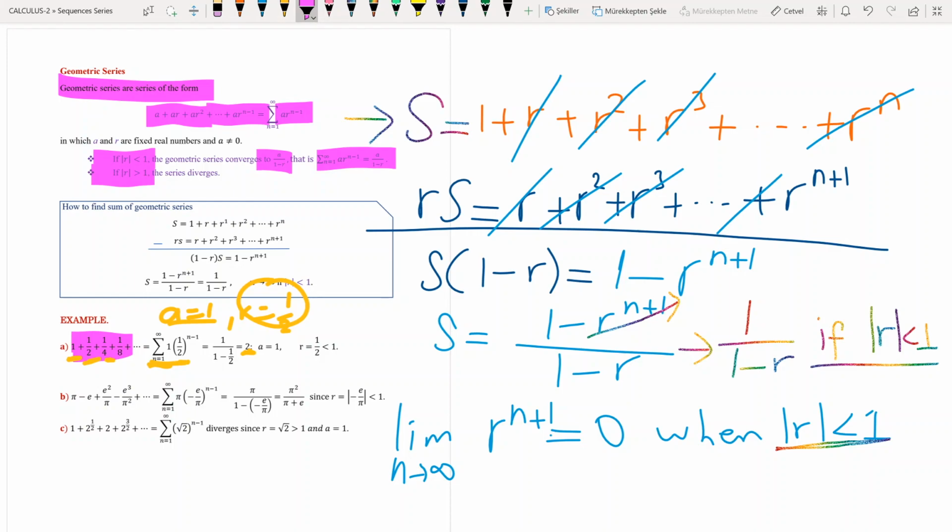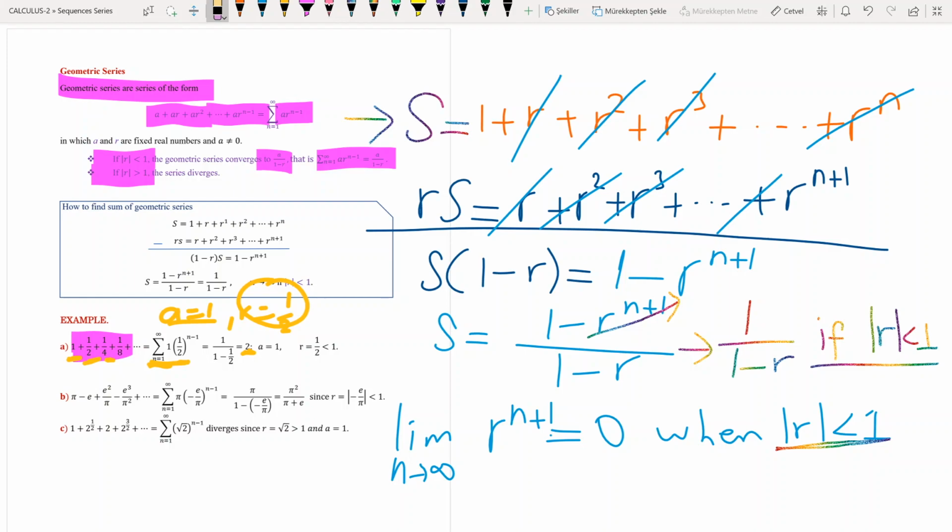Let's look at the second example. Pi minus e plus e squared over pi minus e cubed over pi squared, and so on. Again, we will express this infinite sum using the sigma notation from n equals 1 to infinity. Pi times, in parentheses, minus e over pi to the power n minus 1. Actually it's not so easy to write down the given infinite sum using the sigma notation. It's not always so easy.